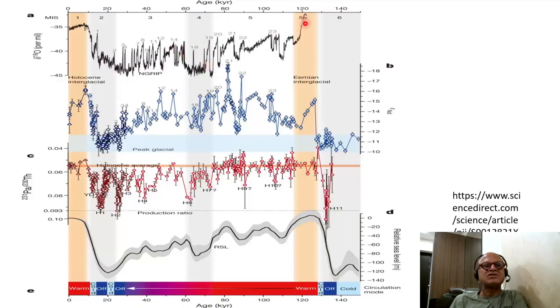So you can see this is warm here with less delta O18 depletion, and cold here during the stadial when you have cold temperatures and high depletion of delta O18.